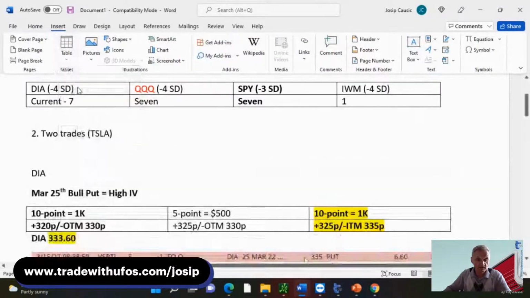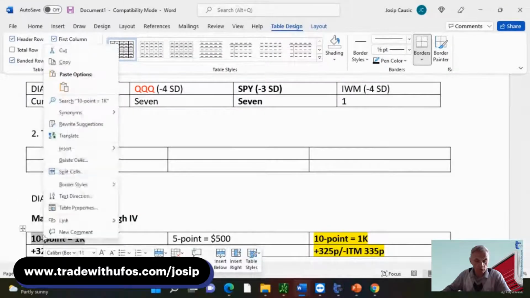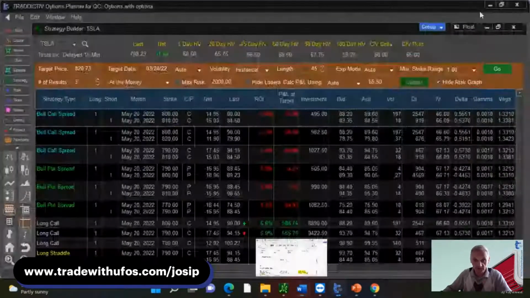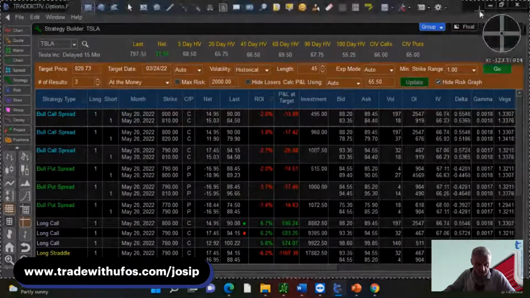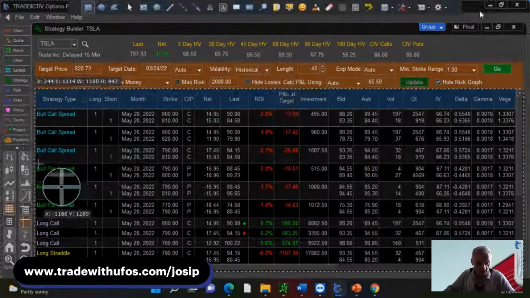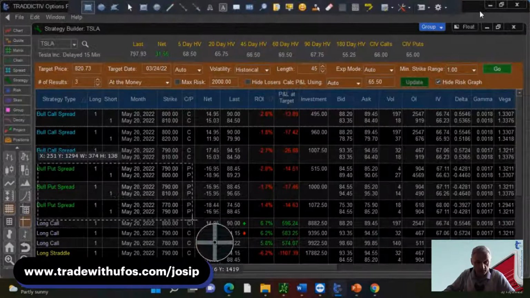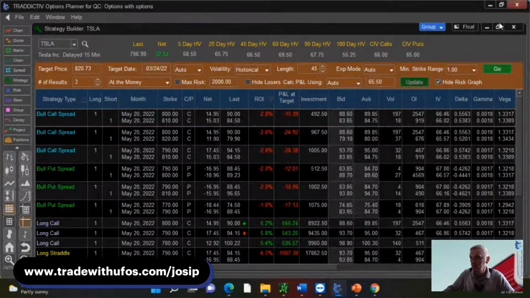But on Tesla, we had one of them that was a 10 point wide and one of them that was a 20 point wide, right? So to keep the thing simple, I'm going to just print screen this area right here, and I will not make a mistake typing the call because we're dealing with the what? We're dealing with the puts.